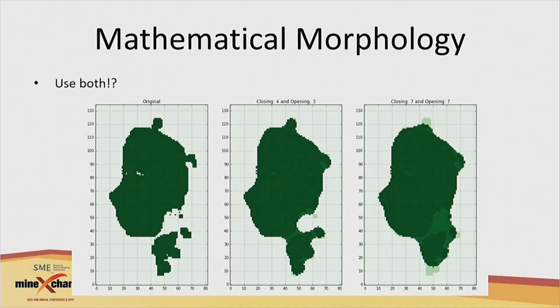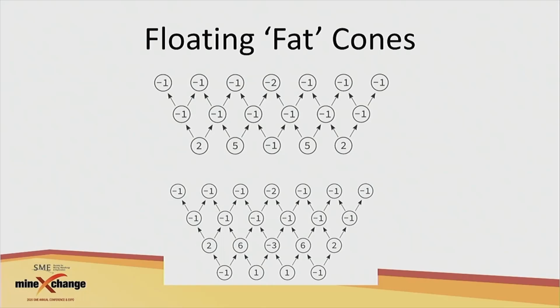That's no good either. Another thing that people have tried is the floating cone algorithm. If you're not familiar, it starts with a cone and scans it over the block model and says, we're going to mine this, and it makes sense. It's a heuristic technique. It's completely fallen out of favor, right? It was only appropriate when your computers were not capable of solving the actual problem. But it actually lends itself very well to this problem.